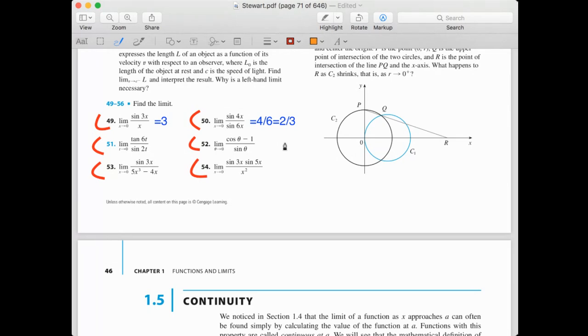Can you show us your work? I don't really know how I would... Yeah, I can write it in the chat if you give me a minute. Yeah, okay, write it in the chat. Because the answer should be 2 over 3.